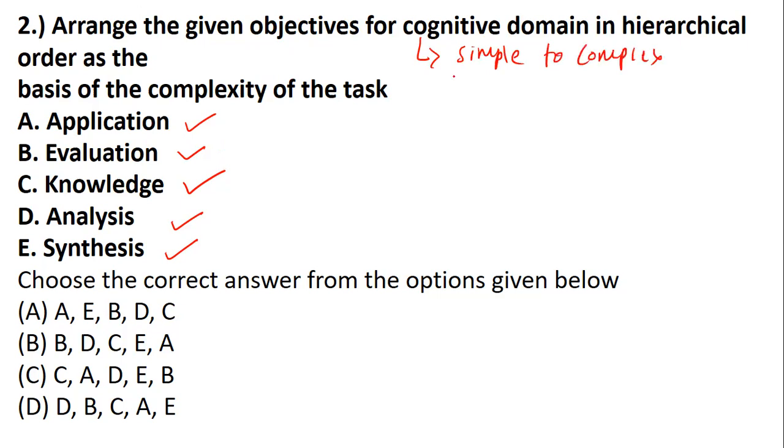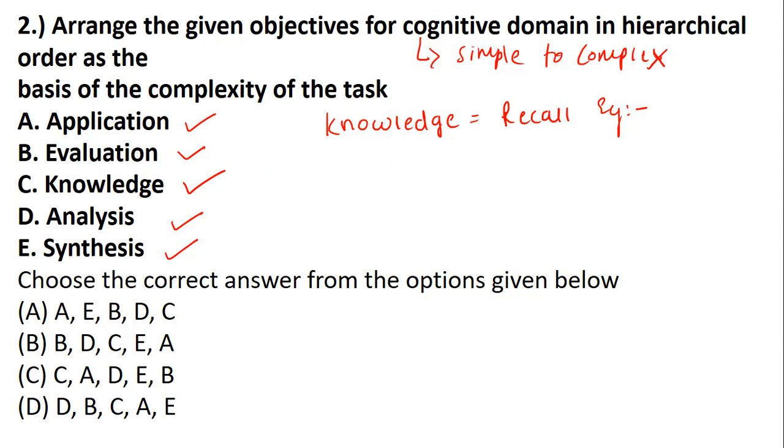So among all these, the simple one will start with, obviously, knowledge. Knowledge helps you to recall, to know, for example, the safety rules of driving, the safety rules while crossing the street. So just knowing it is knowledge.